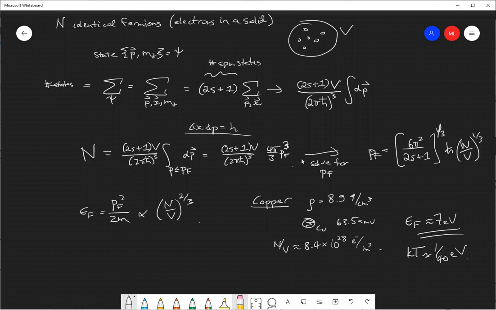They occupy so many states that in a solid, the occupied states have a very large kinetic energy, just because there are so many electrons that they fill up all your kinetic energy states.